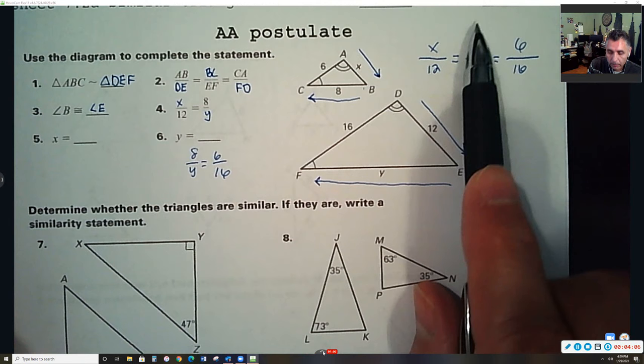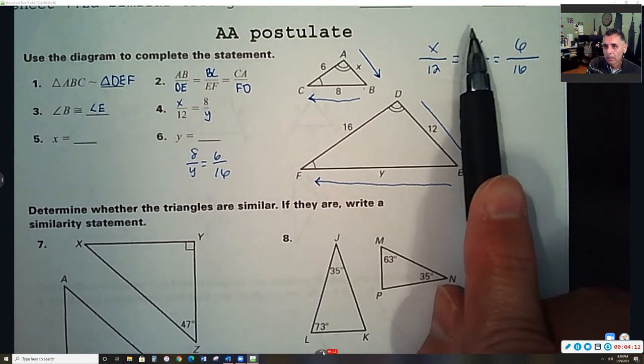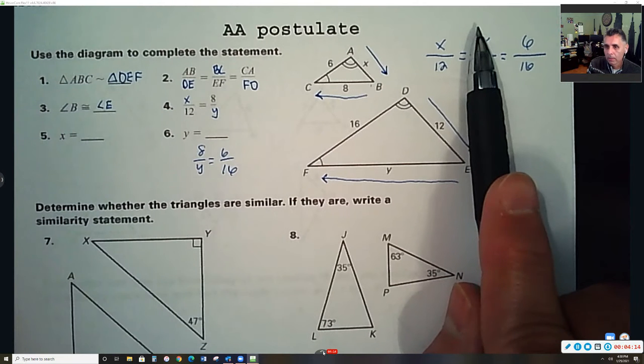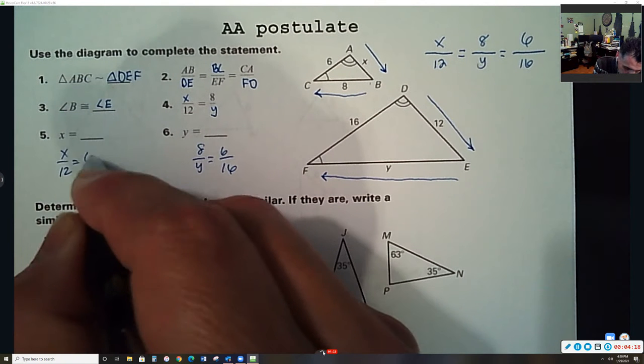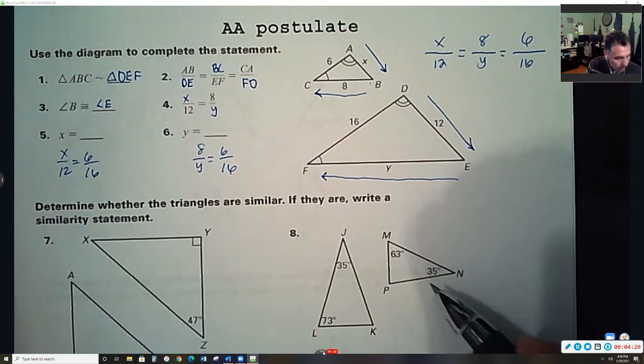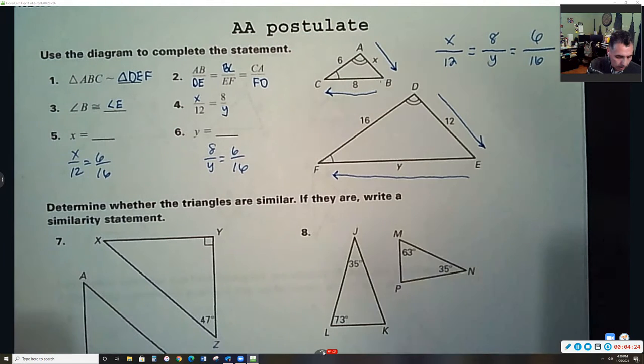And then if we cover up this middle one here, those 2 ratios will allow you to solve for x. x over 12 and 6 over 16. And then we just use the cross products to solve this. I'm going to solve this real quick. 12 times 6.